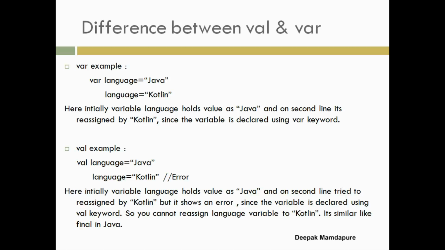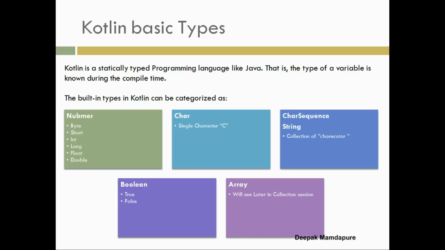Coming to the next point, in Kotlin there are some basic types of variables, because Kotlin is a statically typed programming language like Java. That means the type of a variable is known at compile time.